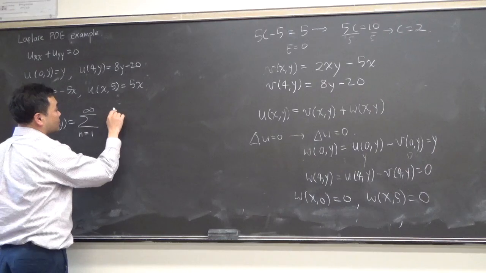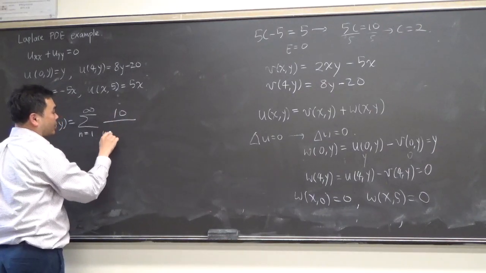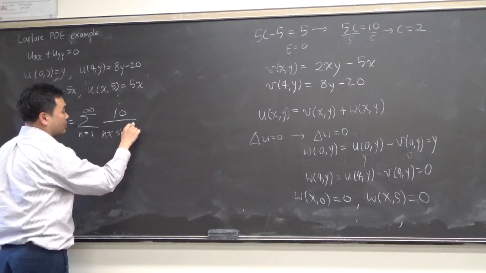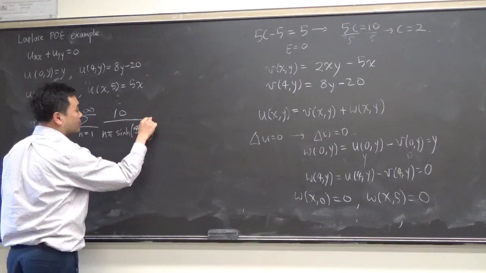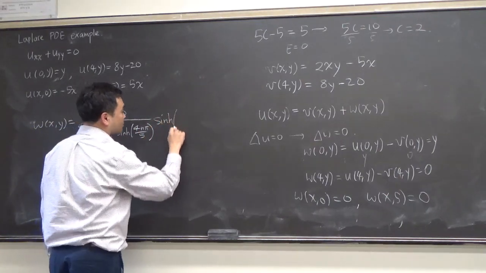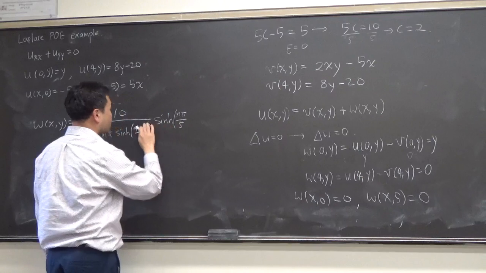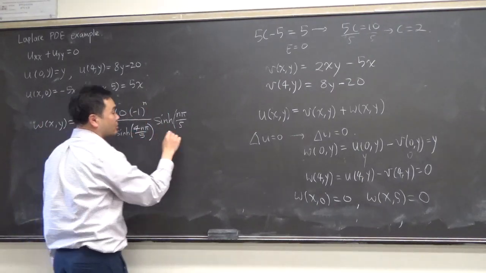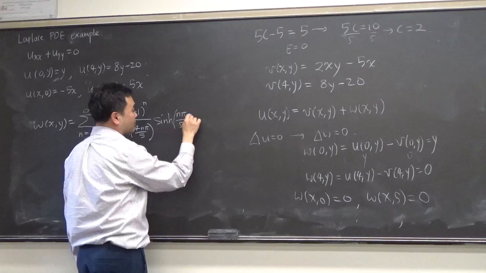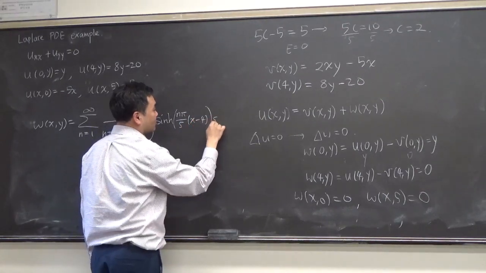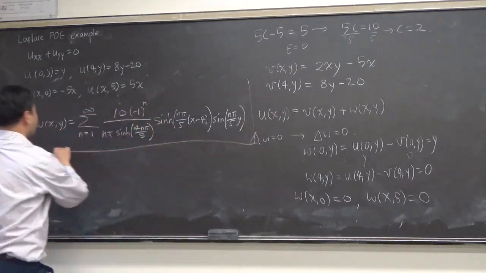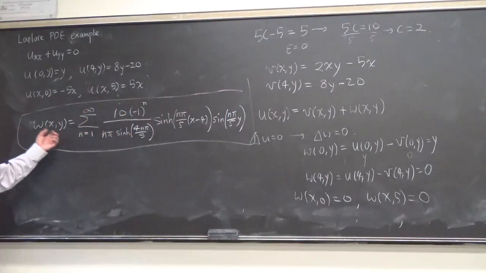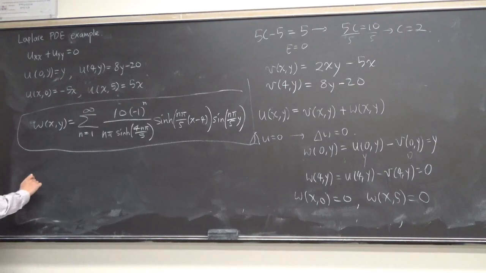It was 10 over n pi sinh of 4 n pi over 5, right, with negative 1 to the nth power here, sinh of n pi over 5 times x minus 4, sine of n pi over 5 y. I actually know that this is the solution that satisfies it, right? So that means u is what?